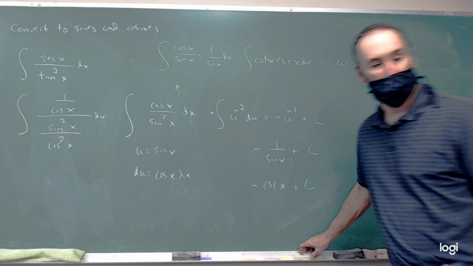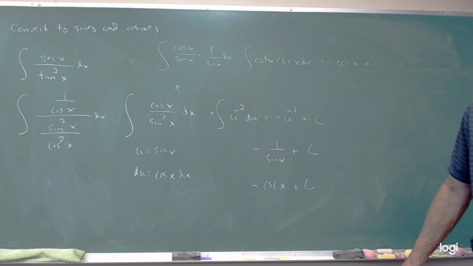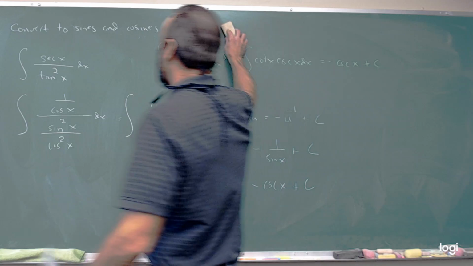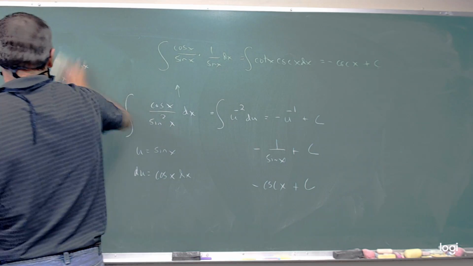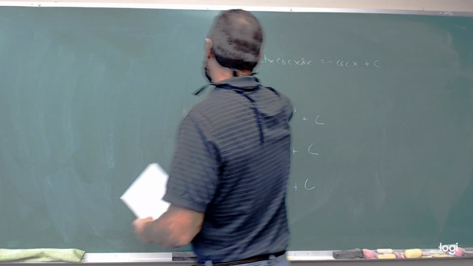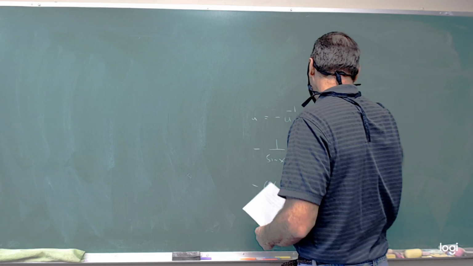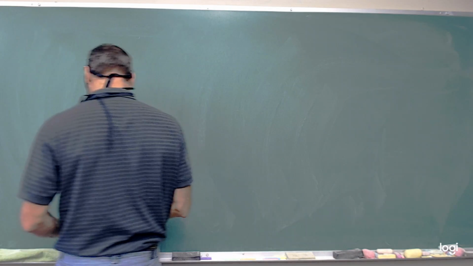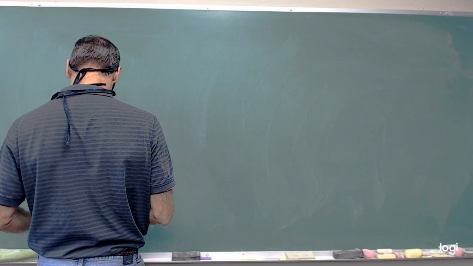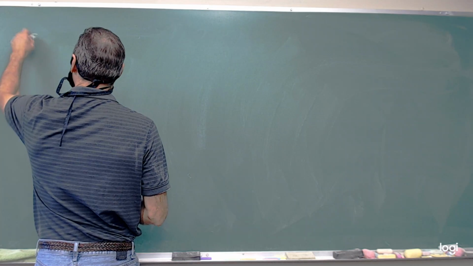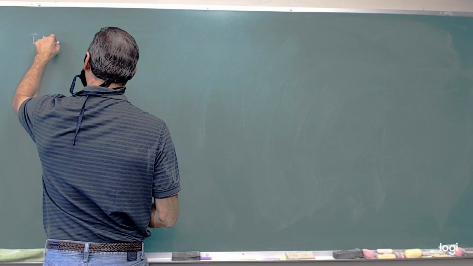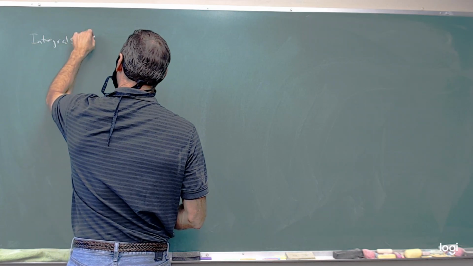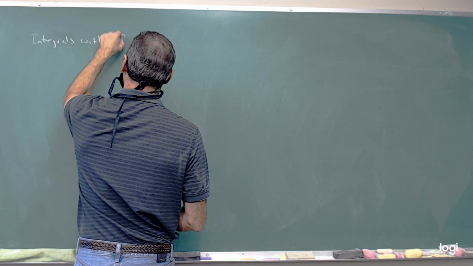Okay, so one more thing to show you, and that's when you have different angles. So when you have trig functions, but they're not the same angle. And these two are formulas we did way back in your AP prep days, but may not have stuck. So integrals with different angles.